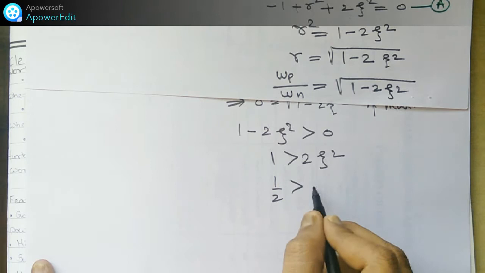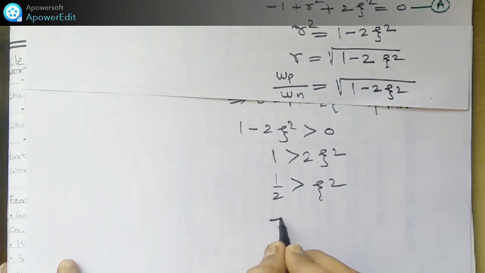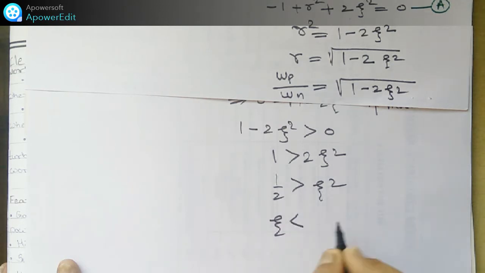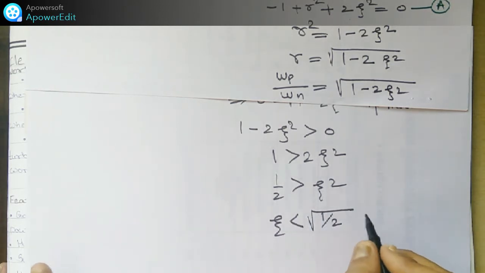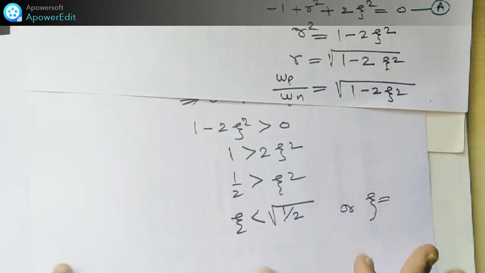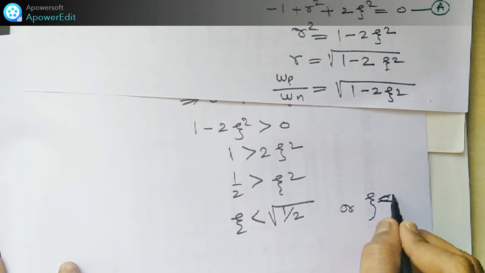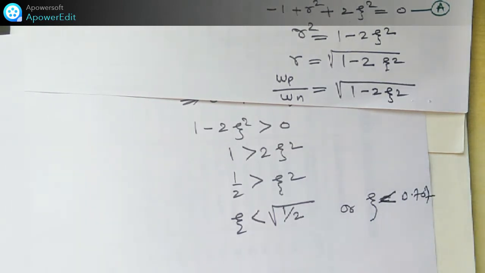So, friend, zeta is less than square root of 1 by 2, or zeta is always less than 0.707. This value is very important. See, zeta is less than 0.707.